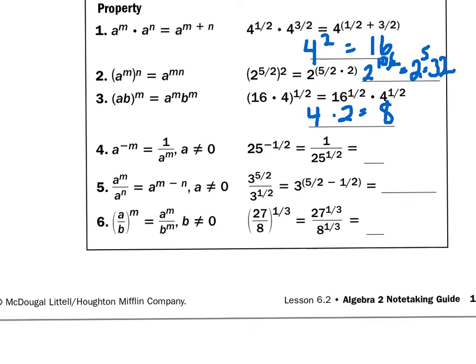So that's 1 over 25 to the 1/2, which would be 1 over 5. We know division means to subtract, so 3 to the 5/2 minus 1/2 is 3 to the 4/2, or 2, which would be 9. And then 27 over 8 to the 1/3, we can pull that in and say that the cubic root of 27 is 3. Cubic root of 8 is 2.